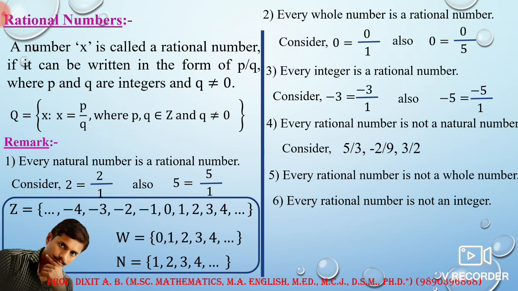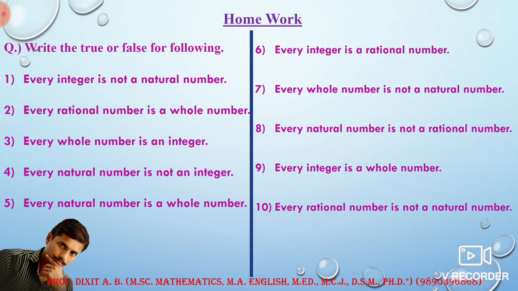And we have also seen some relations related to natural numbers, whole numbers, integers and rationals. Rationals are numbers of the form p upon q, where p and q are integers and q is not equal to 0.